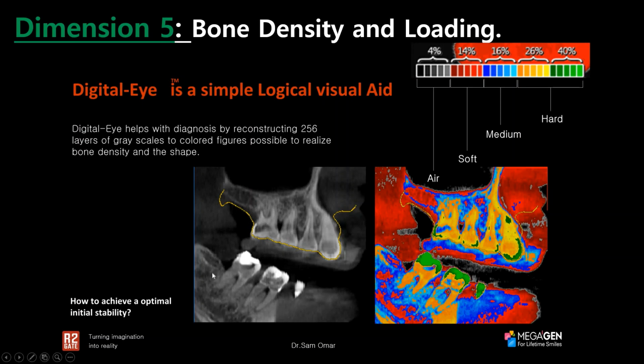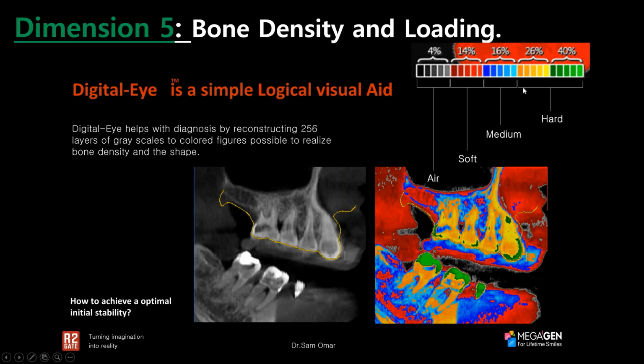So let's look at the images that we have on the bottom here, and let's compare the two images. As we all know, the anterior maxilla and the anterior mandible are the most dense bone in the oral cavity. If you look at the image on the right side, which is the image that was managed with digital eye, what you'll see in the anterior maxilla right here is a yellow color.